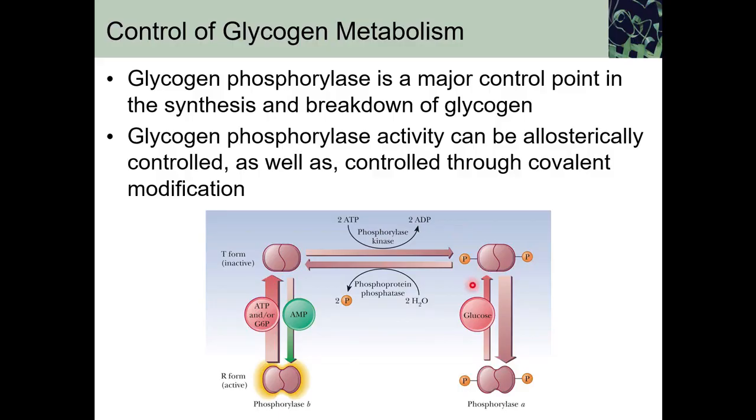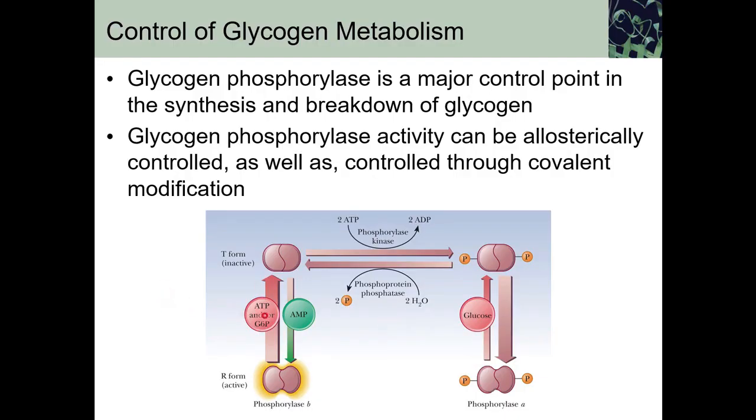In the liver, glucose is an allosteric inhibitor of phosphorylase A. I'm not sure if you can see that, but hopefully you can.